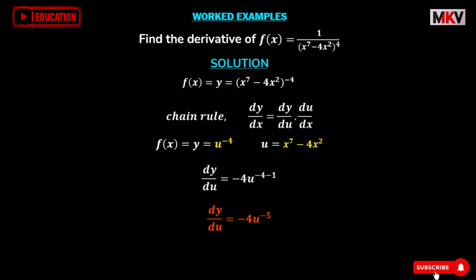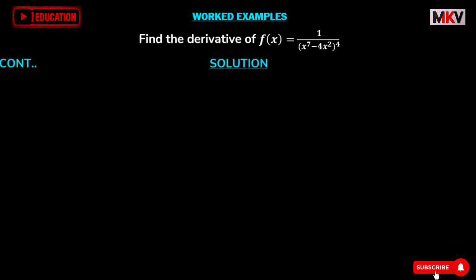Then we find du/dx. So the first term, which is x to the power 7, we find its derivative. Then 4x squared, we find the derivative, leaving us 7x to the power 6 minus 8x.